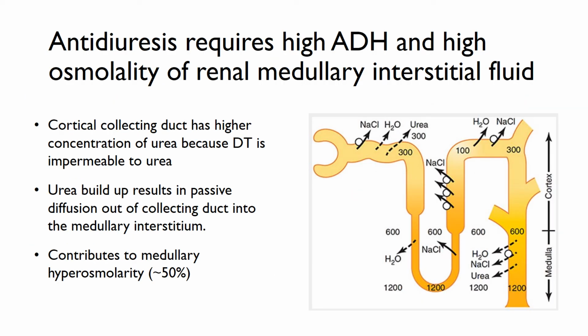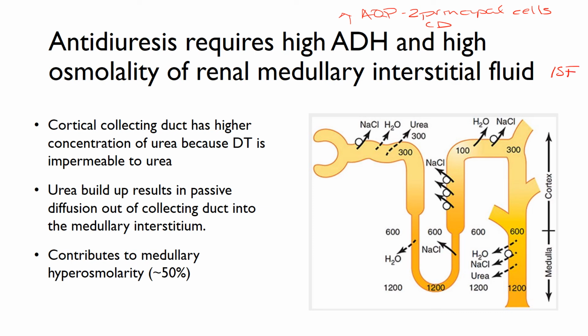Antidiuresis is the exact opposite, and you need two things for antidiuresis to work. You need ADH, which inserts those aquaporin 2 channels into the principal cells of the collecting duct. And you need high osmolality of the renal interstitial fluid. Okay, so let's look at this together.